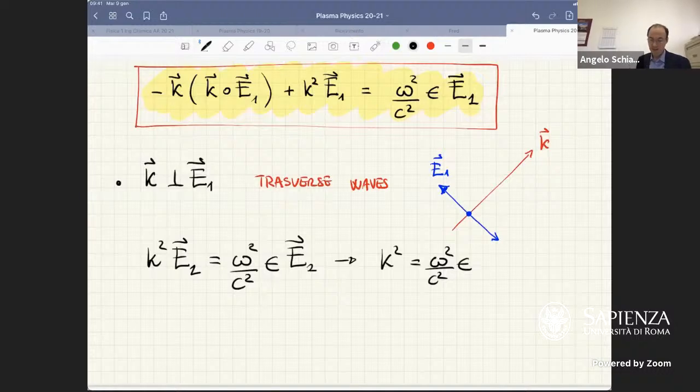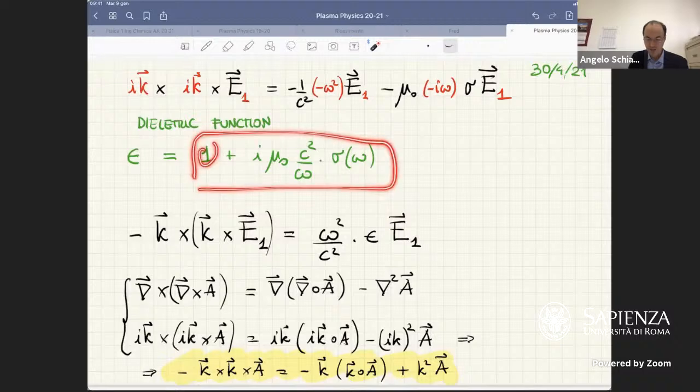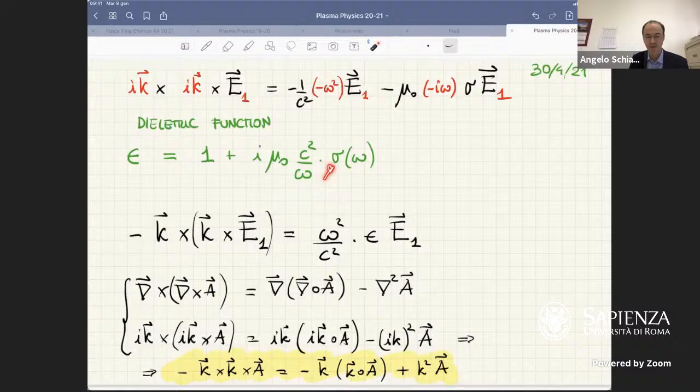Okay, and this is a dispersion relation that links k and the omega of the wave. And you see that the presence of the medium is fully contained into the dielectric function that we defined earlier on. So we have a constant term, and then we have an omega dependence on the electrical conductivity of the plasma.